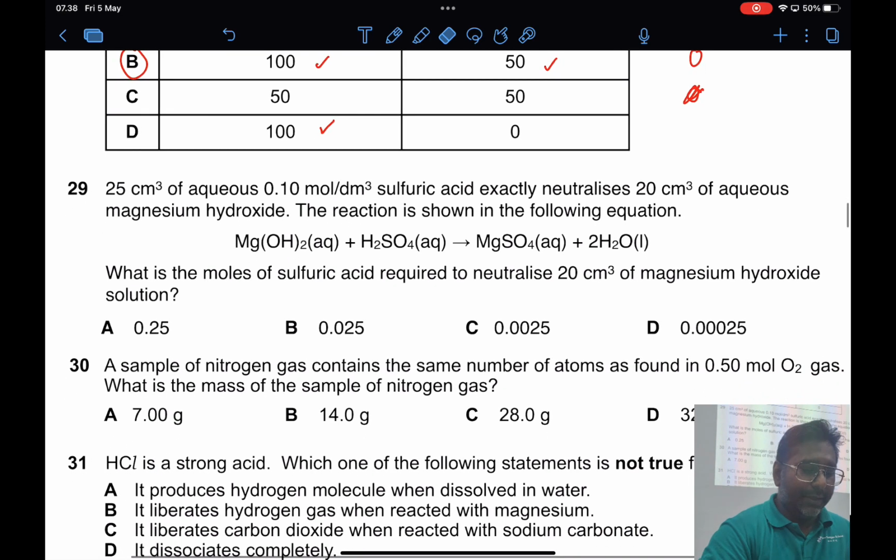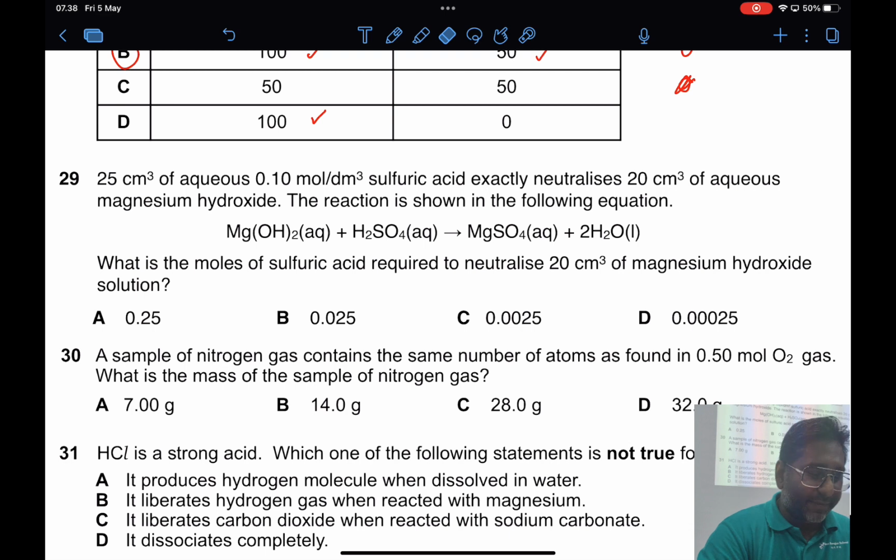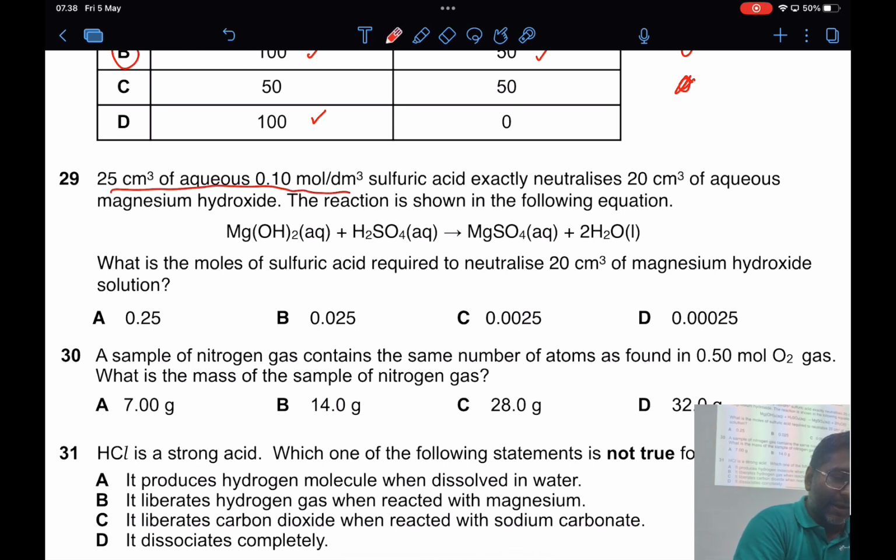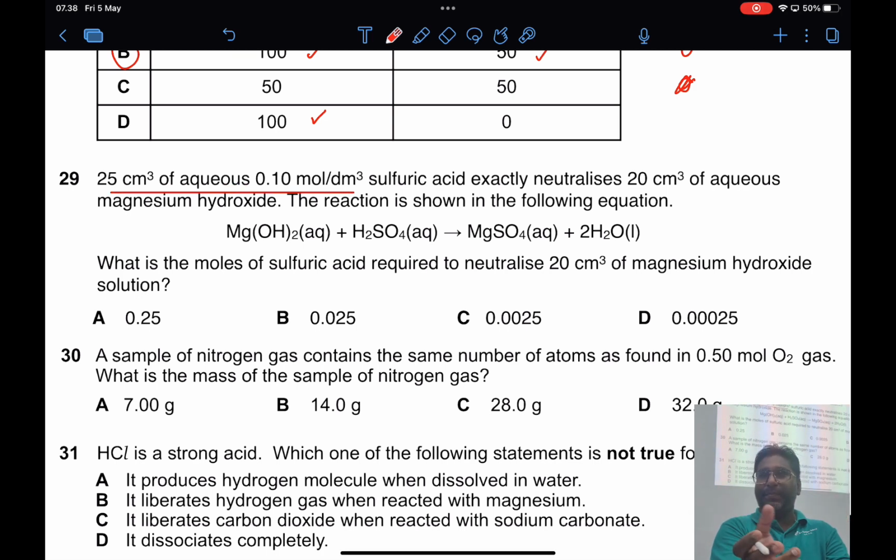Now, 25 cm cube of aqueous 0.1 mole per dm cube. So now you see it is already changing into a concentration related question. What is the formula? Some teachers will say concentration is MV divided by 1000.